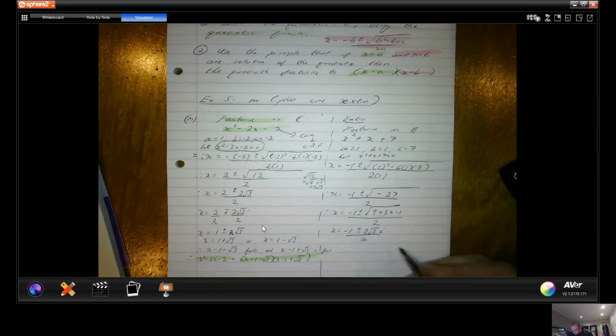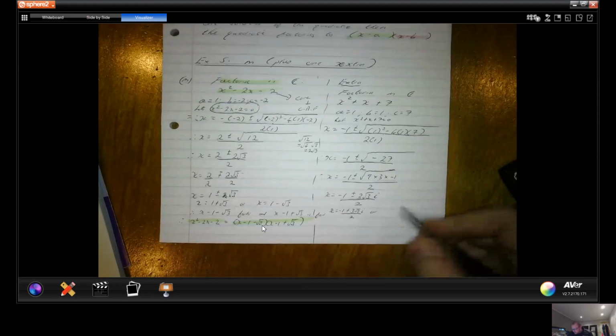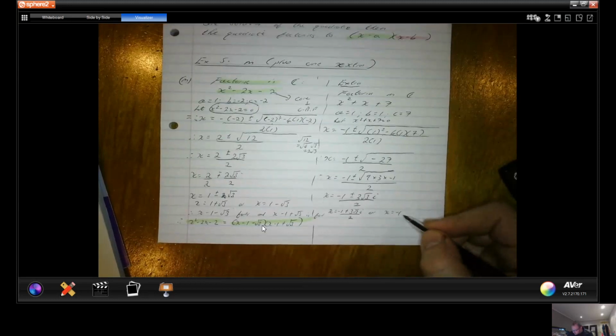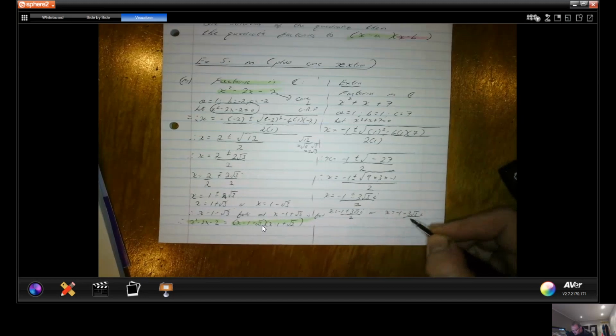Hope we don't run out of space. So in other words, x is equal to negative 1 plus 3 root 3i all over 2, or x is equal to negative 1 minus 3 root 3i over 2.